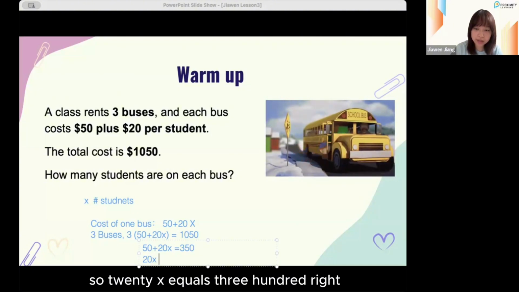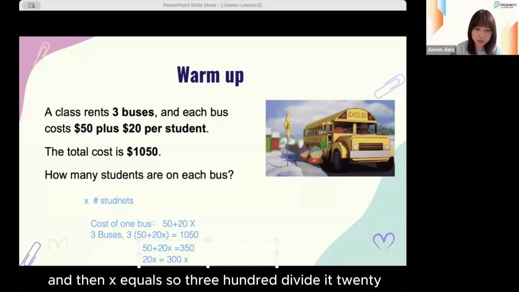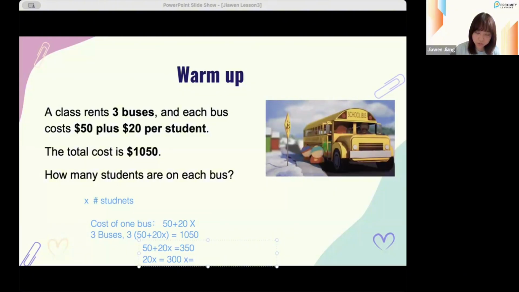So 20x equals 300, and x equals 300 divided by 20. We got 15.